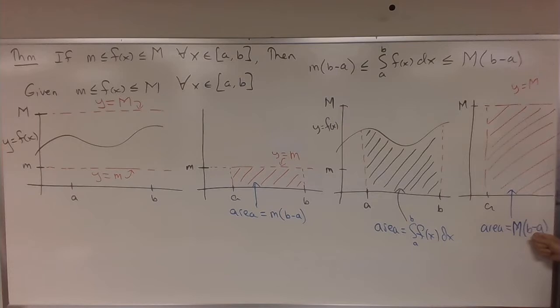So capital M times b minus a is the area of this big rectangle. And clearly the area of this big rectangle is greater than this area, which is the integral from a to b of f of x dx.